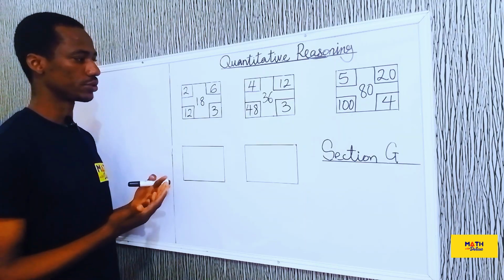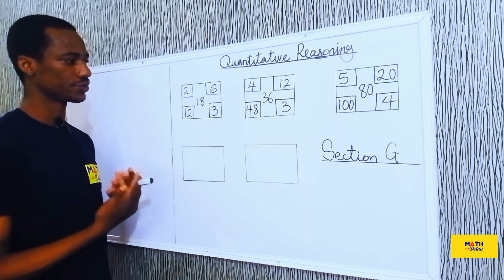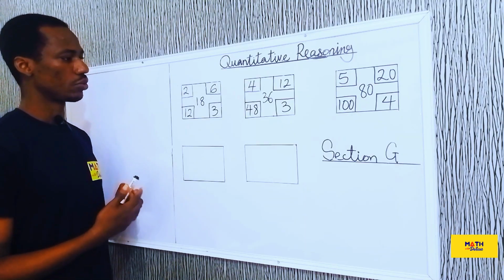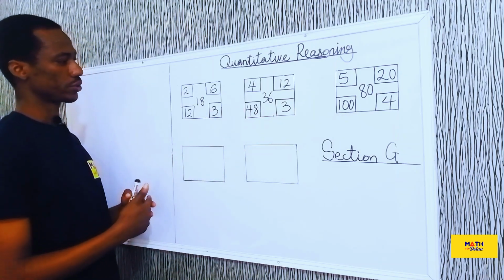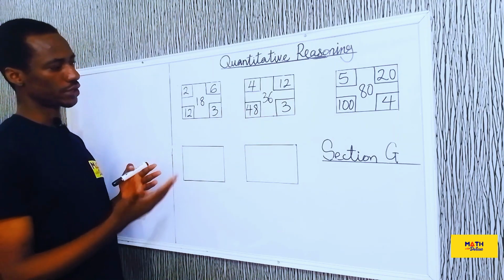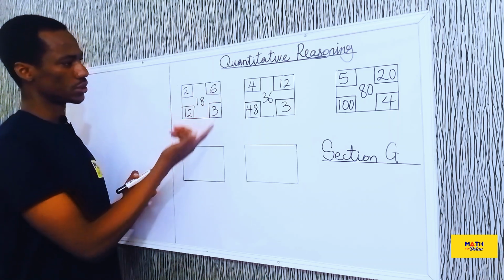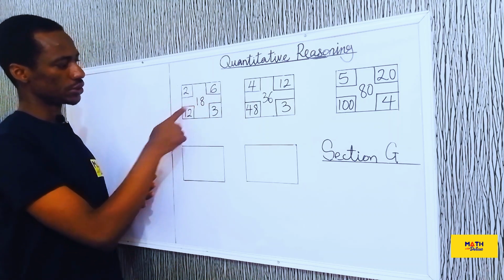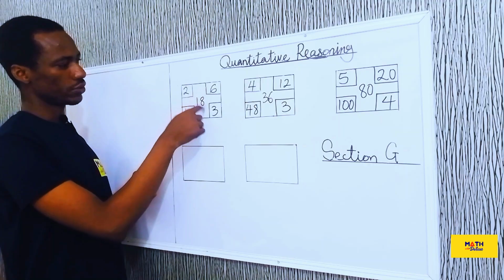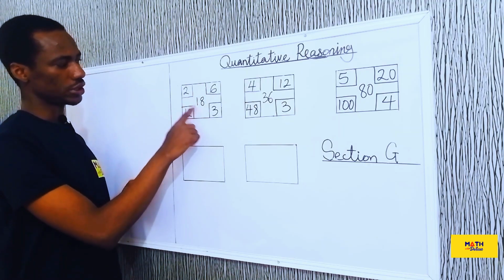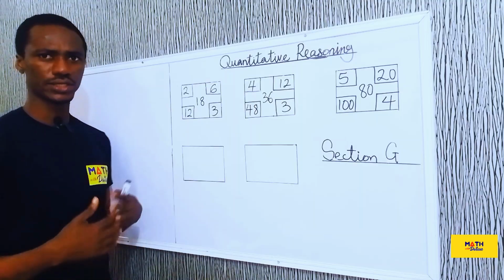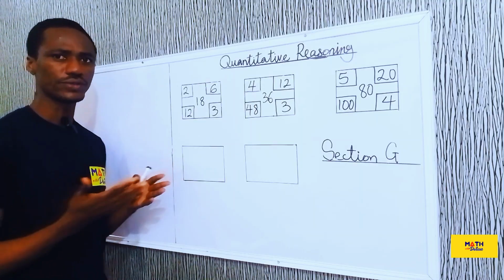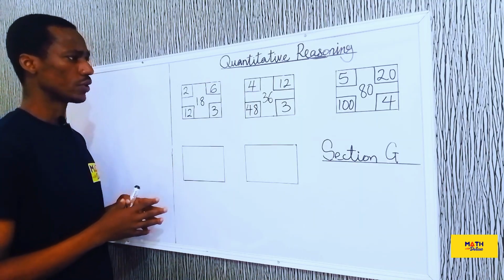From my multiplication table, because I know 3 times 6 is 18. All right, but I need to confirm that with the other samples. Okay, so that's all I could see for now. From here you can see 2 and 6, 2 and 6, and I'm seeing 12. 3 and 6, I'm seeing 18. All right, let me just check with the other samples and see if what I've seen is correct.